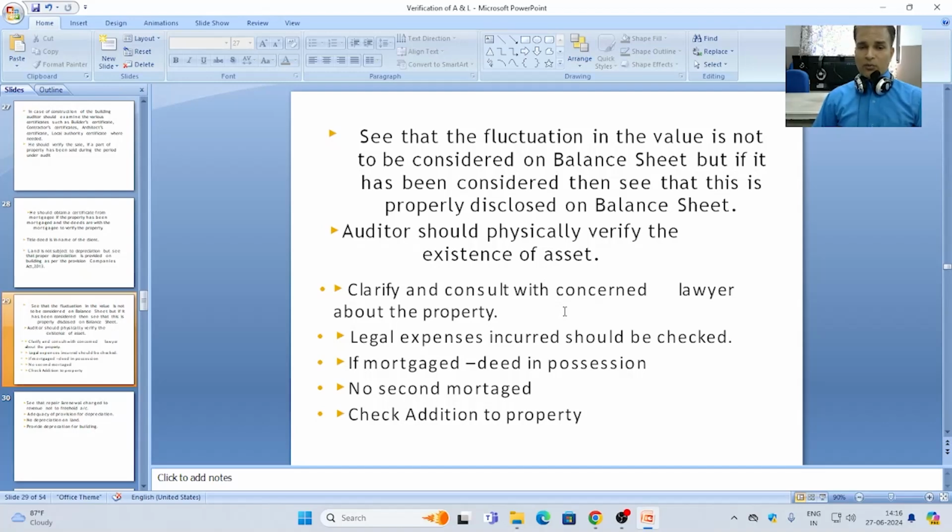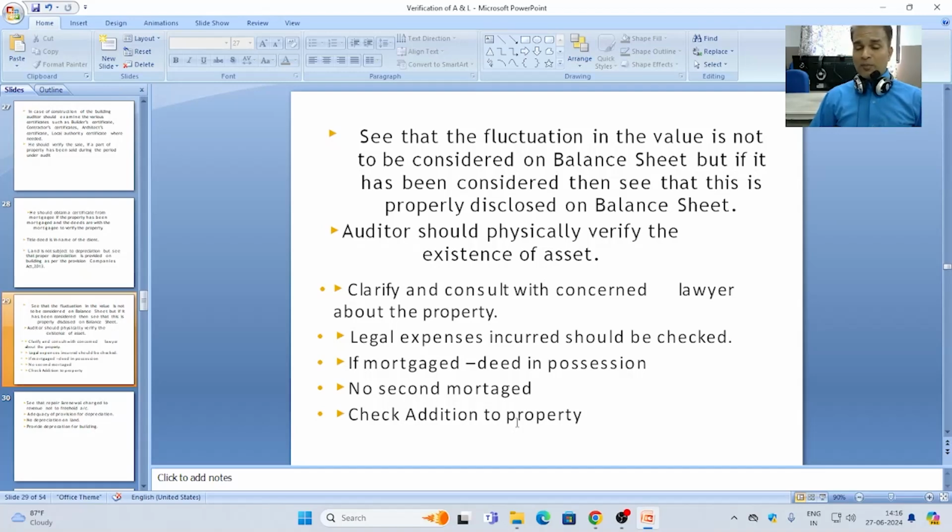The auditor is required to clarify and consult with the related lawyer or legal advisor about the property. The legal expenses incurred regarding the property should also be checked by the auditor.